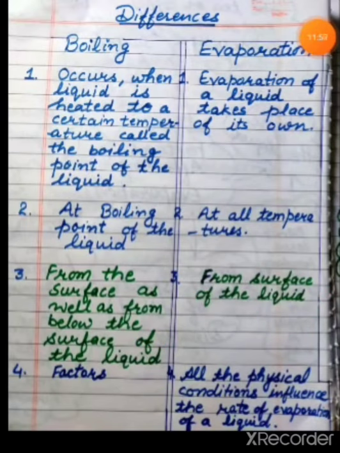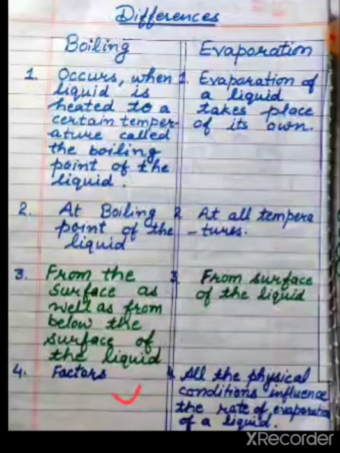Fourth point, that is factors. Physical conditions such as change in temperature, surface area, wind speed, etc. have no effect on the boiling point of the liquid. Whereas in case of evaporation, all the physical conditions influence the rate of evaporation of a liquid.